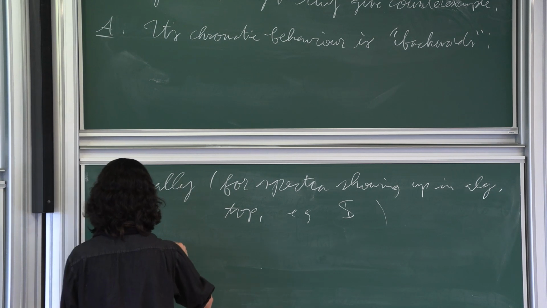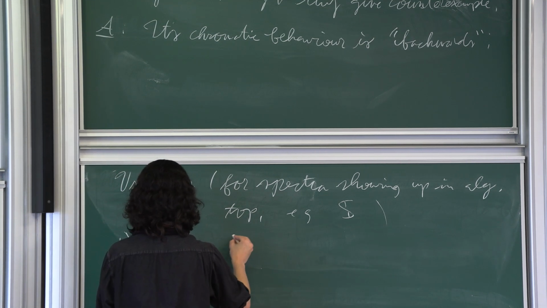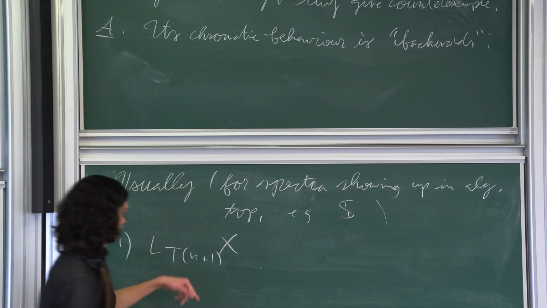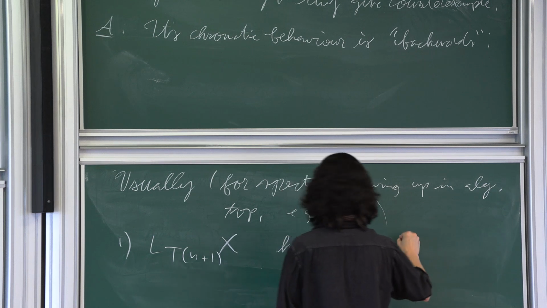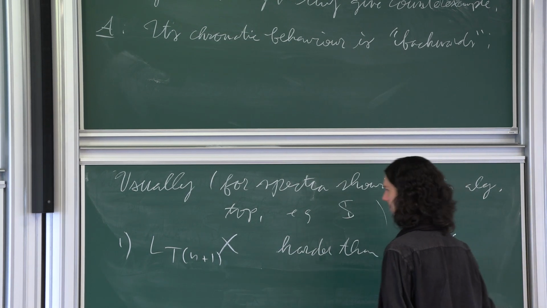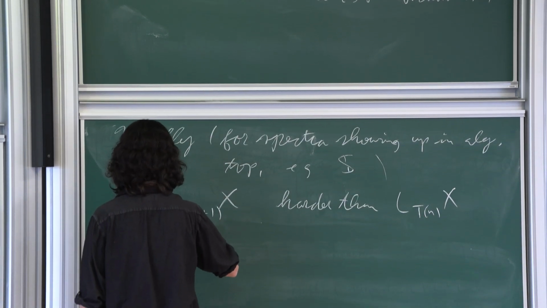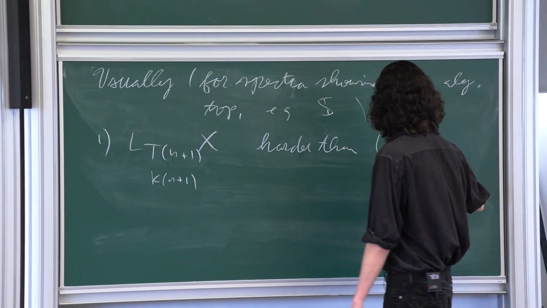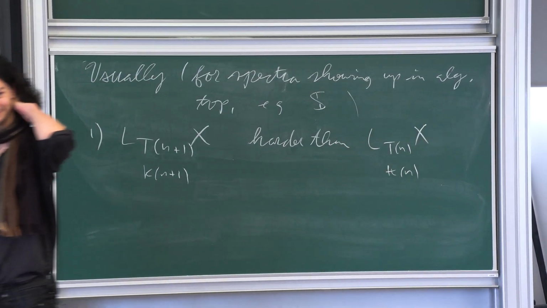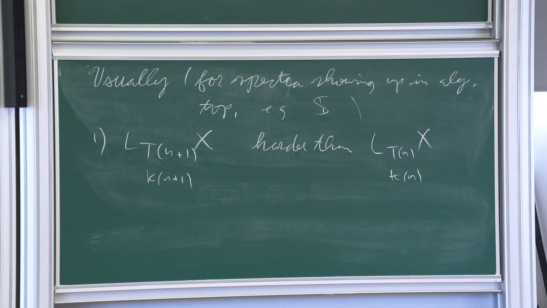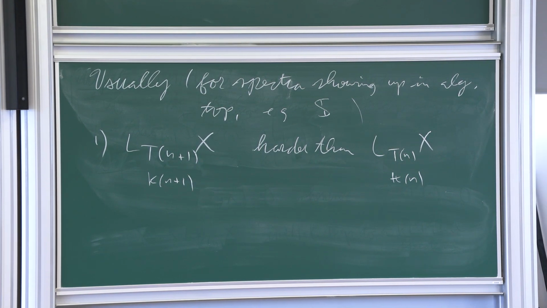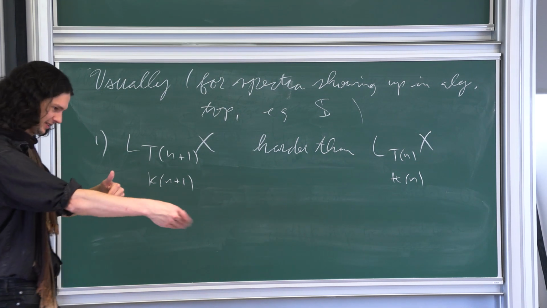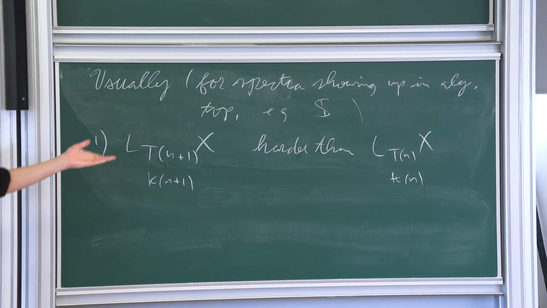For example, understanding the T_{n+1} localization is harder than understanding the T_n localization. And similarly for K_{n+1} or K_n, when you increase the height, it gets harder to study. Height 0 is just rational stuff. I said at the beginning that's easy. It reduces to pure algebra. No problem. But when you get to height 1, it's a little more complicated. Height 2, it's even more complicated. You're going deeper and deeper into this chromatic story, so it stands to reason, right?